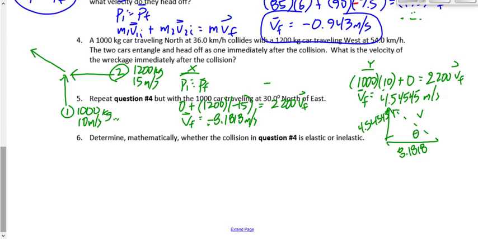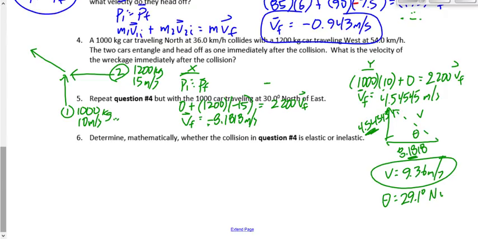How do we find that velocity, or the speed, I should say? Evan? Yeah, Pythagorean theorem, it works out to be 9.36 meters per second. And we find the angle using the inverse tan function of opposite over adjacent. And that works out to be, I got 29.1 degrees. And that's going to be north of west. We're measuring the angle from the west, north from the west, or north of west.